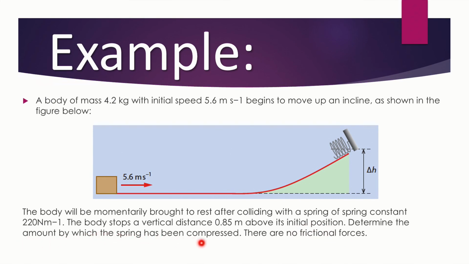Determine the amount by which the spring has been compressed. There are no frictional forces. Okay, so as I said, the object is going to move along this path until this height, which is 0.85 meters. So let's solve the problem.